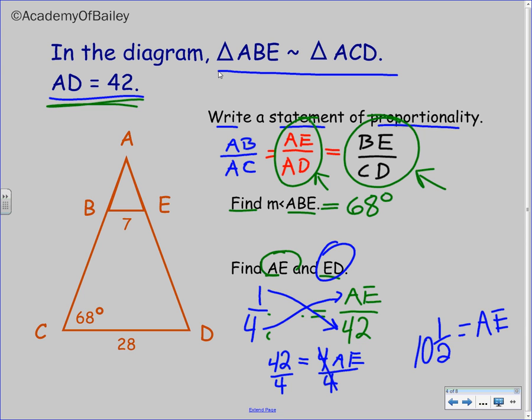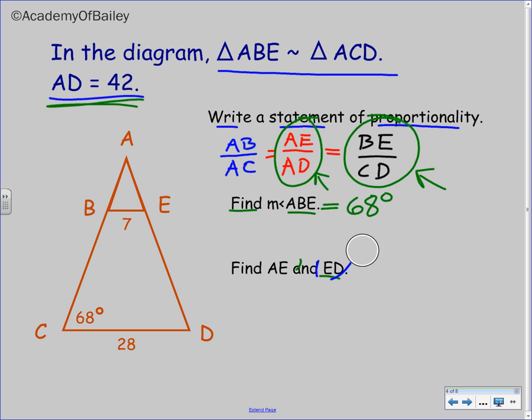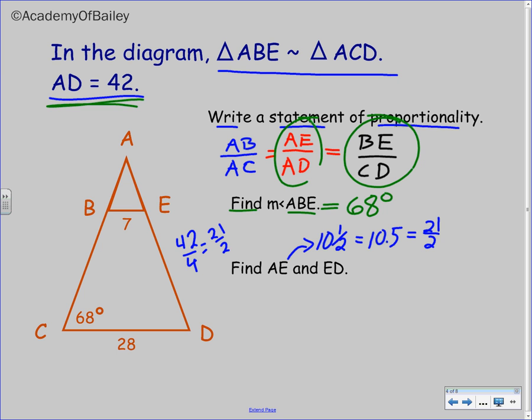Now, we know AE is 10.5, or you could have had 42 over 4. Divide each one by 2, you get 21 over 2. So any one of those three answers is sufficient for AE.